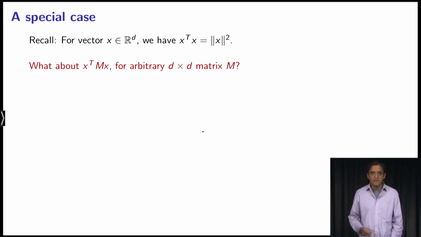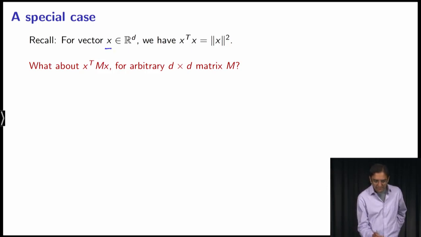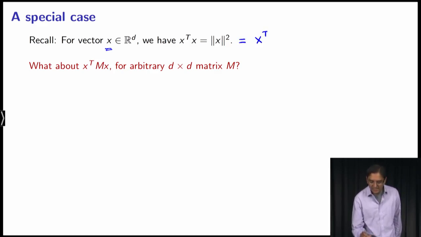One thing we found is that if you have a vector x, then x transpose x is just another way of writing the dot product of x with itself, which is the length of x squared. In fact, you can also think of this as x transpose times the identity times x, because the identity times x is just x.